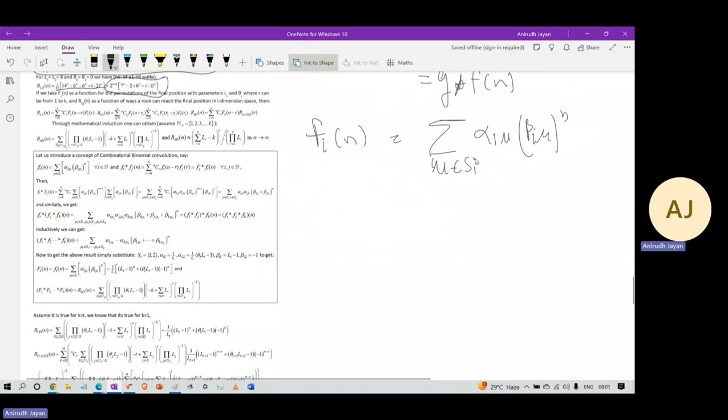Now Si here is simply a set of integers. So we assume this as your Fi, and now let us calculate Fi star Fj.